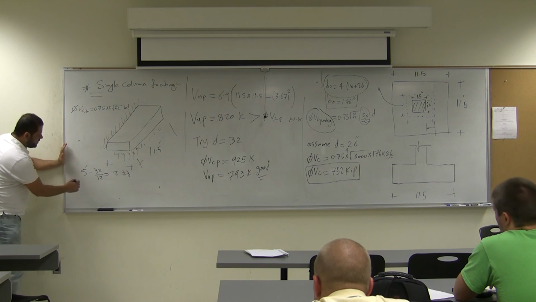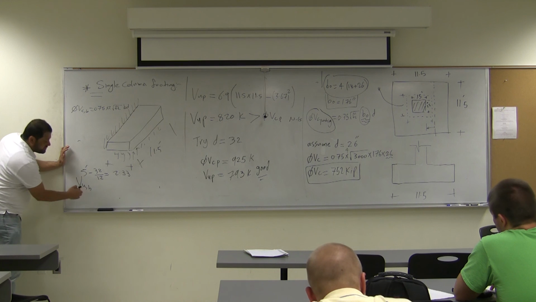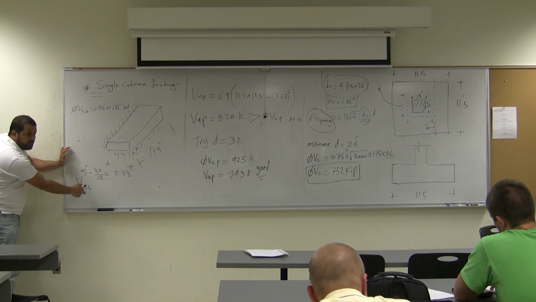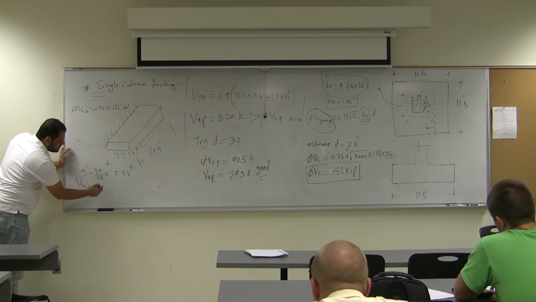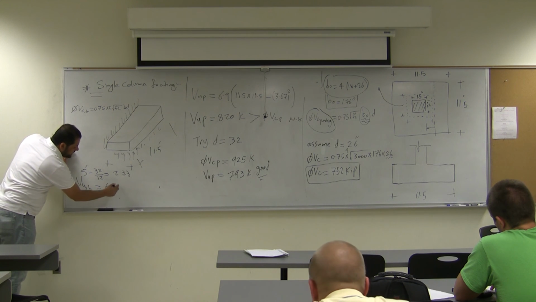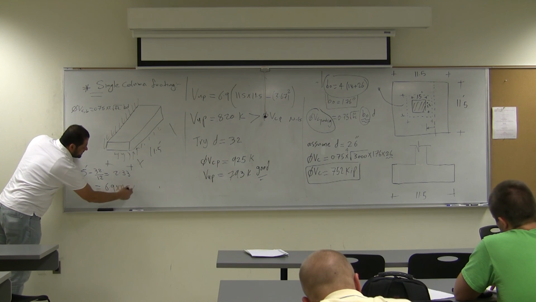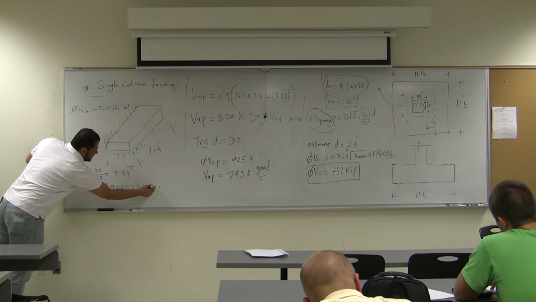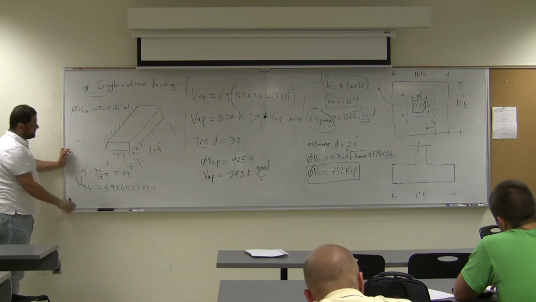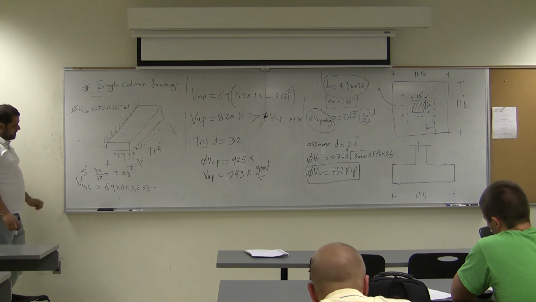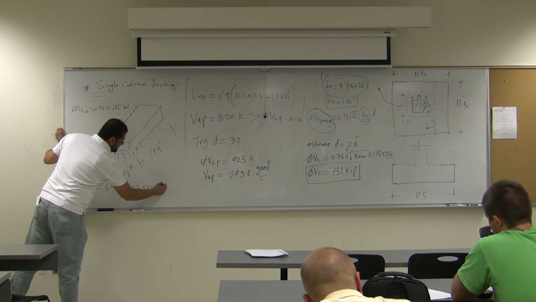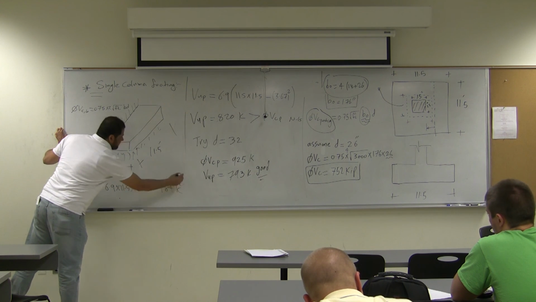Good? So Vu beam shear equals q ultimate, which is 6.9, times 11.5 times 2.33. What's the number? 184. So this is 184 kip.